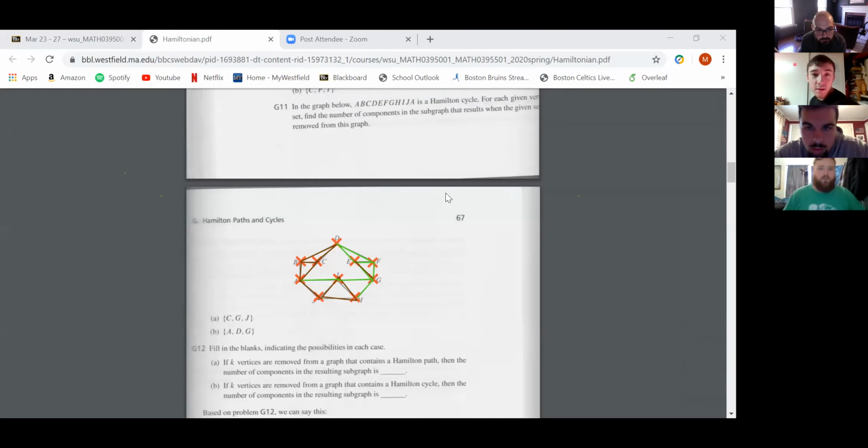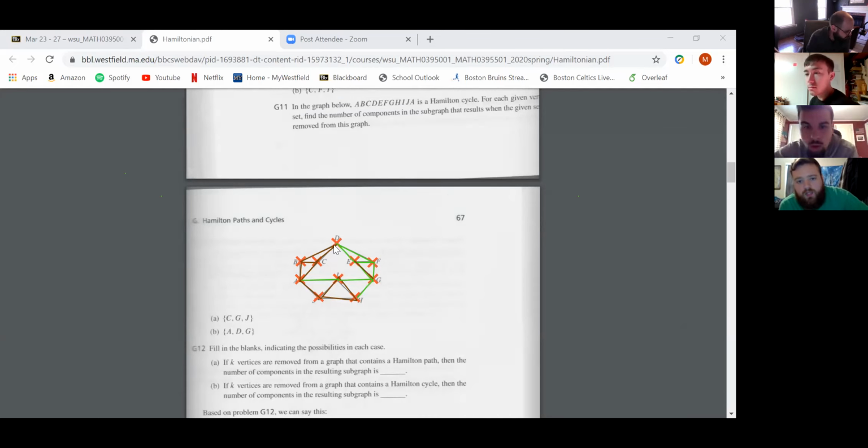So we're kind of just talking about what vertices need to be taken away within a cycle for there to be more than one component. So in any cycle, or a graph with the Hamiltonian cycle? The graph of the Hamiltonian cycle here.